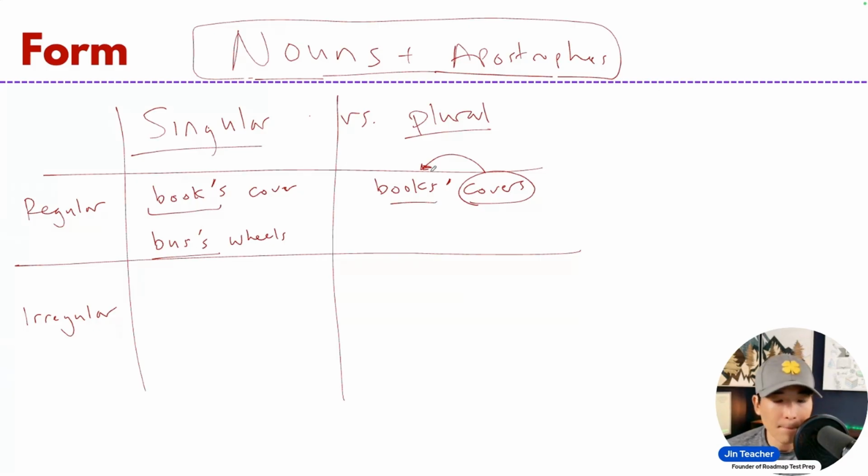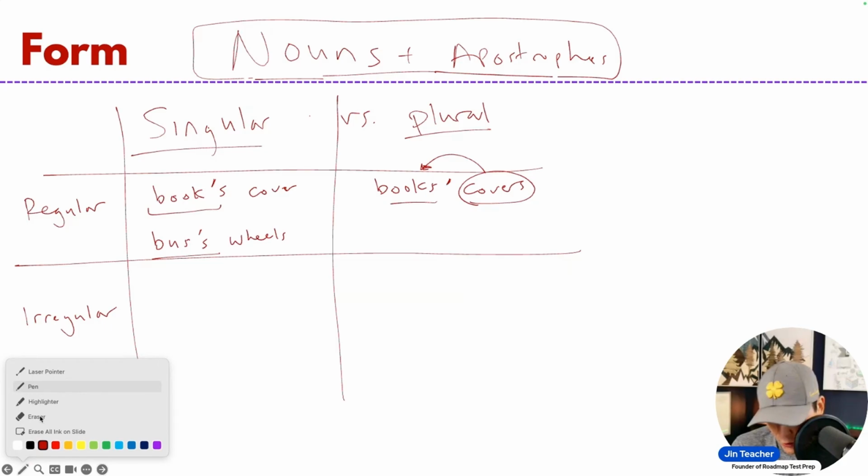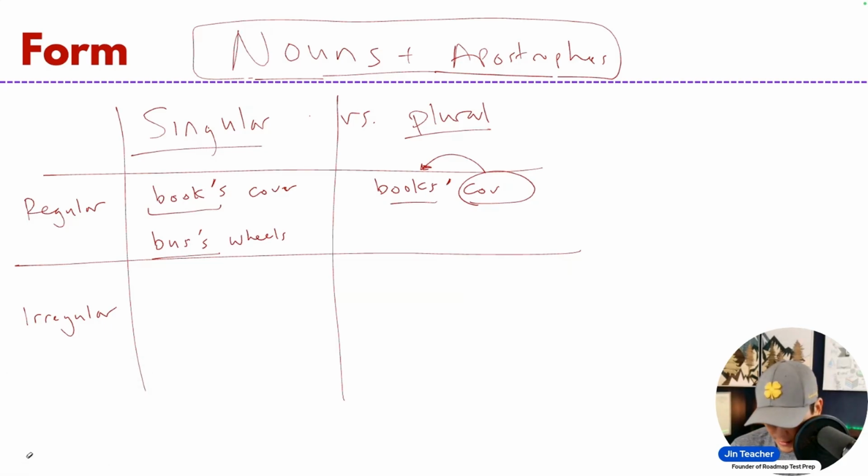form, okay? So this is where you're going to start to see the SAT try to trick you a little bit. One of the ways they can try to trick and trap you with apostrophes is they can create an illogical meaning. So if we say the books' cover, this doesn't make logical sense. Well, why not?